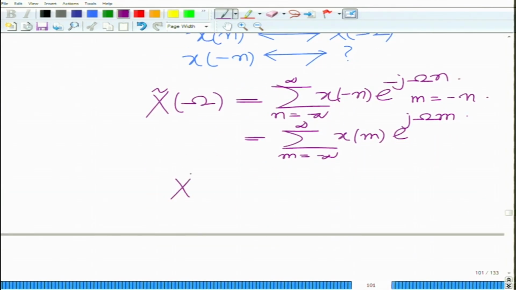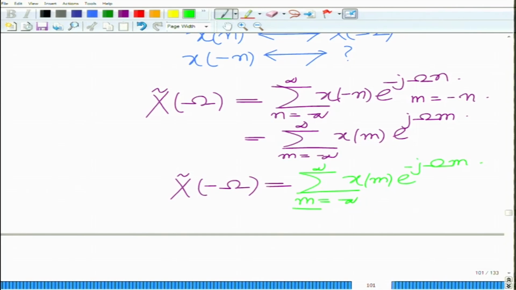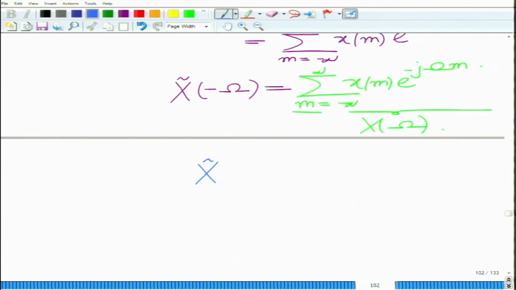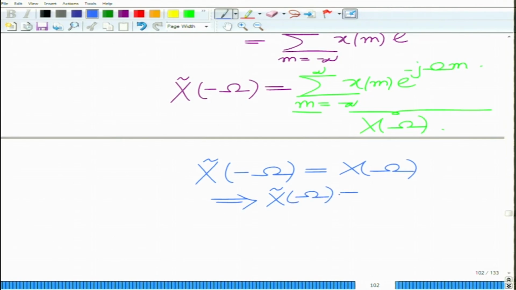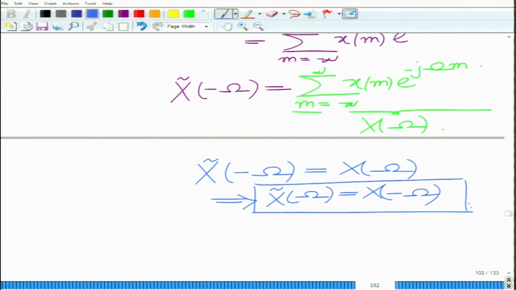and therefore X tilde of minus omega equals summation m equals minus infinity to infinity x of m e raised to minus j omega m, that is X of omega. So, we have X tilde of minus omega equals X of omega, which implies X tilde of omega equals X of minus omega, okay.